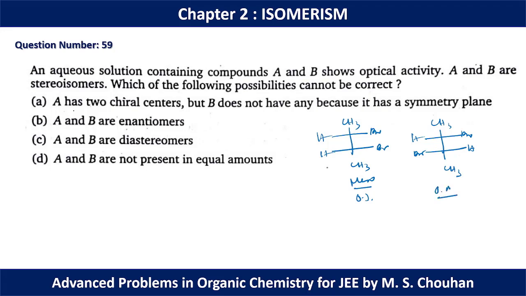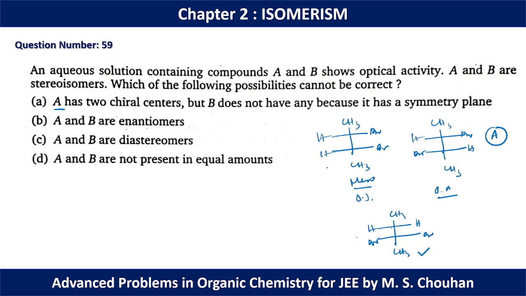So A has 2 chiral centers. We can have a thing like this, and we can draw another thing with the same composition, that is HHBrBrCl. So this is also a case where we don't have any chiral center. So A has 2 chiral centers, it can be the molecule A. B does not have any because of the plane of symmetry.